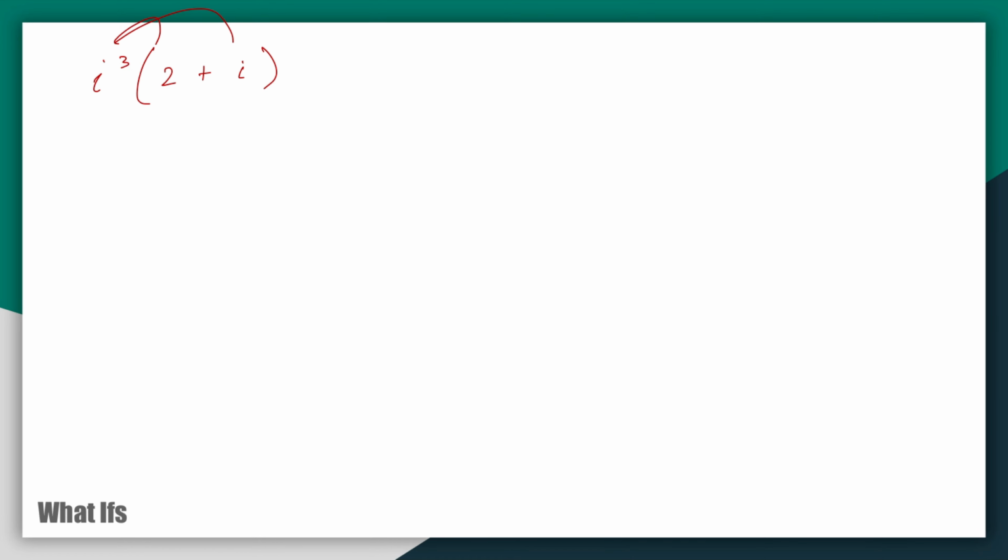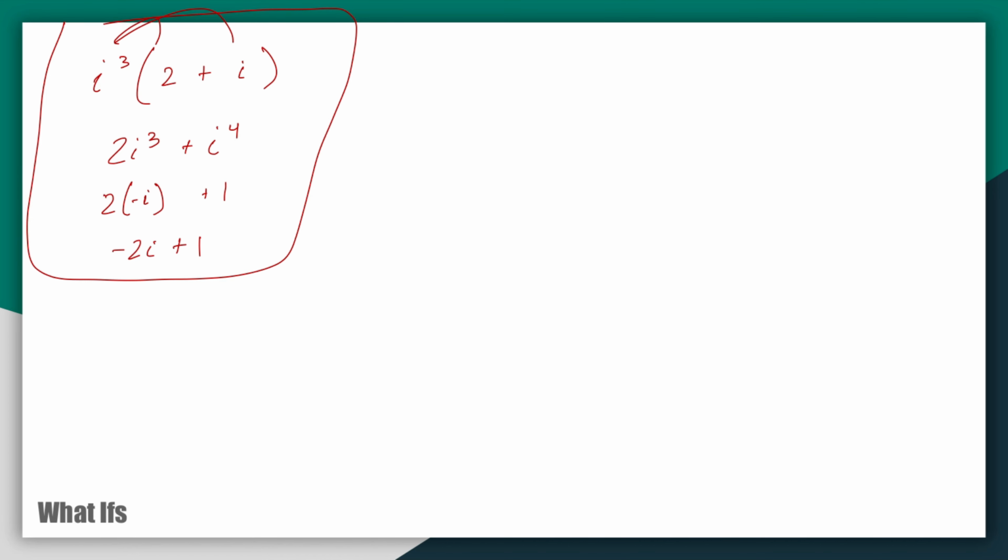If you multiplied in, you would get 2i cubed plus i to the power of 4, which we would simplify. i cubed is the same thing as negative i, so that's 2 times negative i. i to the power of 4 is the same thing as 1, so this would really just be negative 2i plus 1.